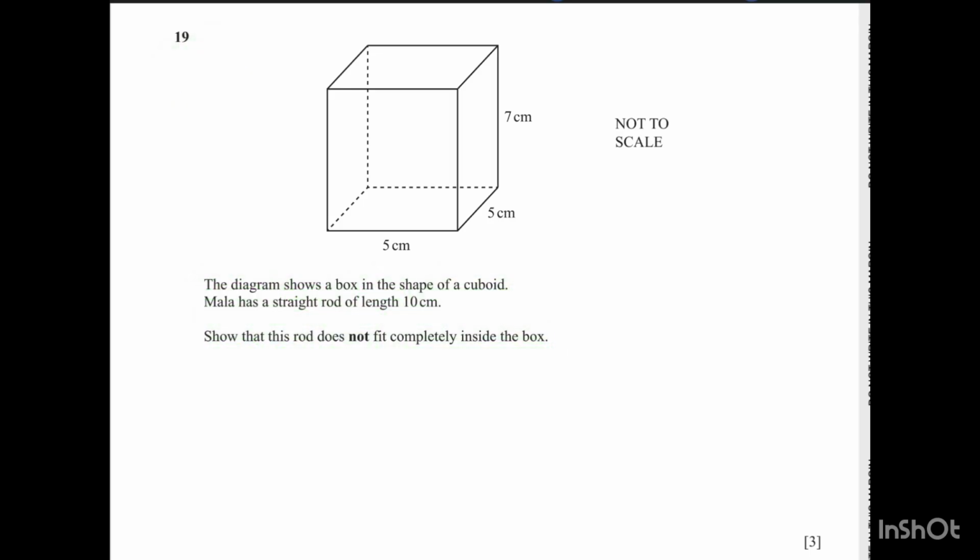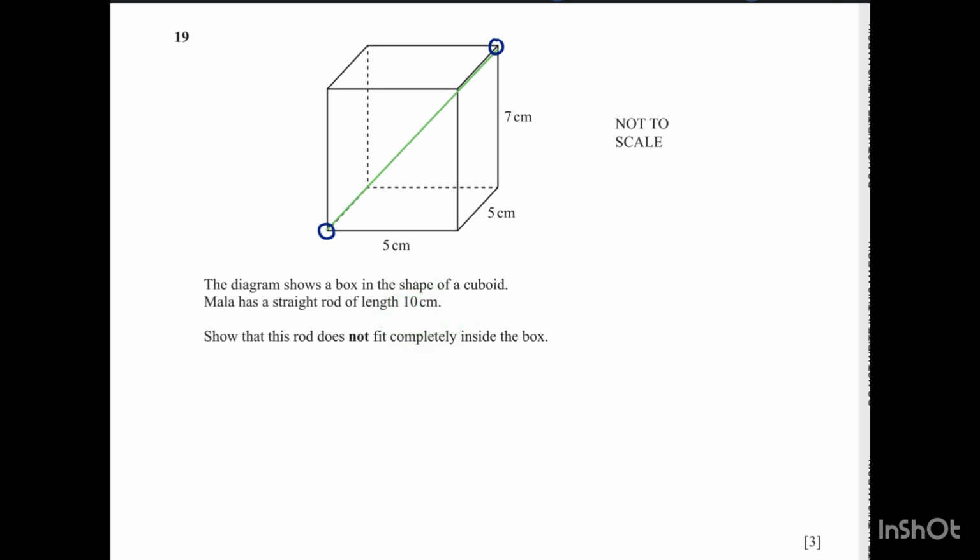Now the longest rod which can be placed inside this cuboid will be from this point to this point. This is the longest rod we can place into this cuboid. The question says show that this rod which is 10 centimeter will not fit in this completely. So that means the length of this line which I have drawn should be less than 10 centimeter.